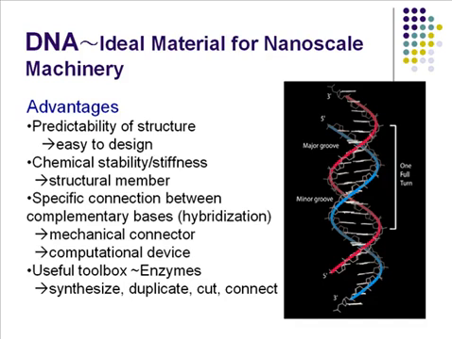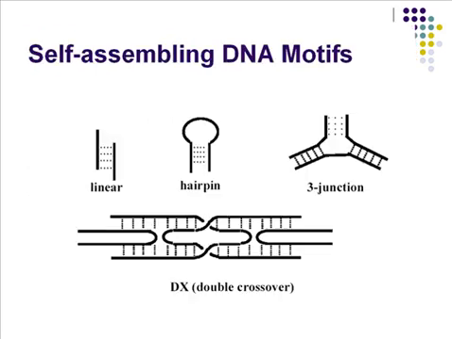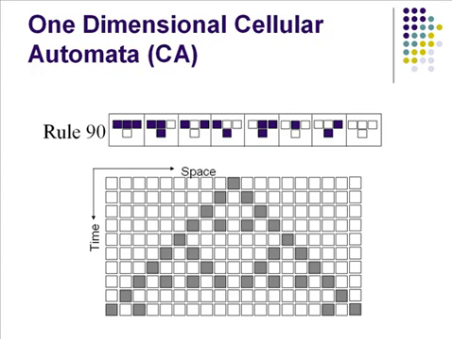And here are some examples of self-assembling DNA motifs. And I'd like to explain some experimental results done as a collaboration between my lab and Eric's lab. Here we implemented a one-dimensional cellular automaton.